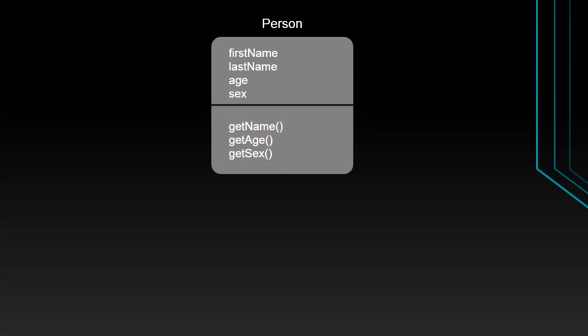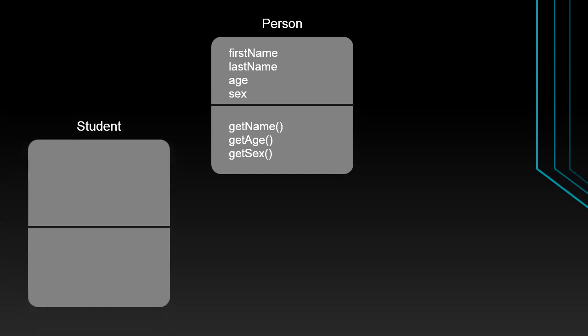Now if we want to construct a student class, remember a student is also a person. We can inherit properties and methods from person to student and construct a student class. Now there are default properties and methods of a person class here. Hence, there is no need to define them again in this class.